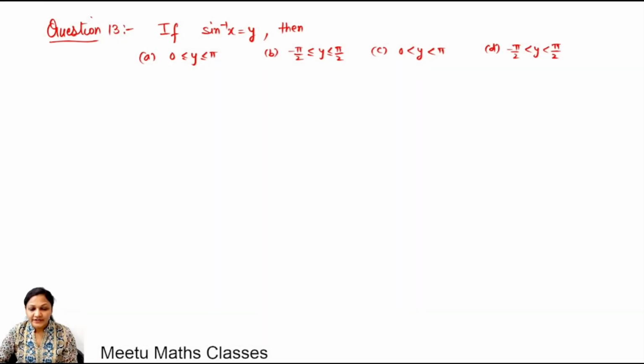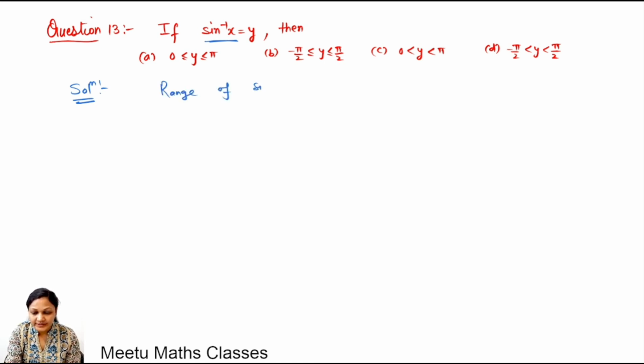Now your question number 13 is, if sine inverse of x is equal to y, so y denotes the angle of sine inverse x, then what is the value of y? Basically, you are supposed to find the value of sine inverse x, and we know that the range of sine inverse x is the closed interval minus pi by 2 to pi by 2.